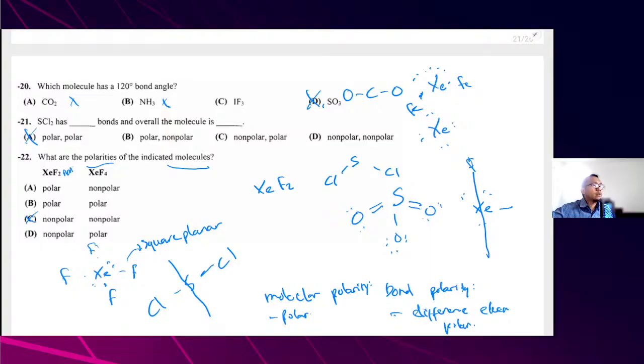Two lone pairs, it will be bent. And then if we have four lone pairs, in this case three lone pairs. Okay, okay. This one is so symmetrical. How about the pen?